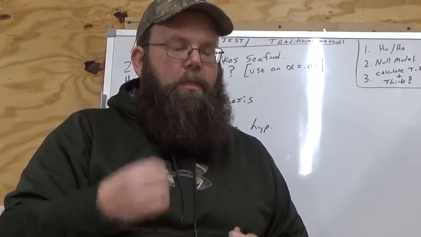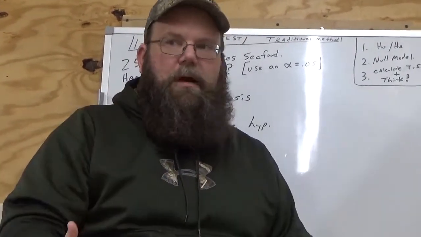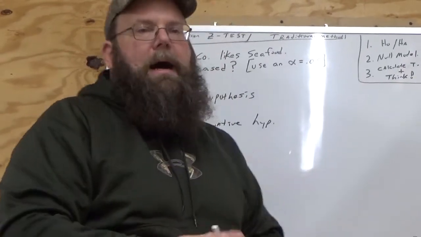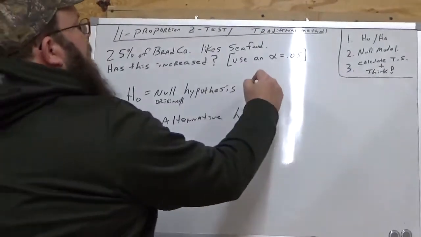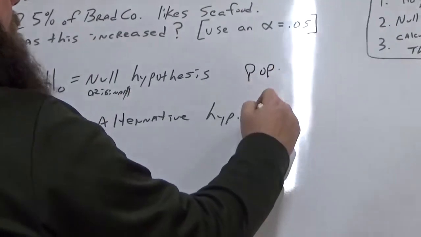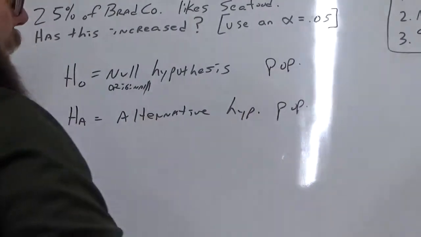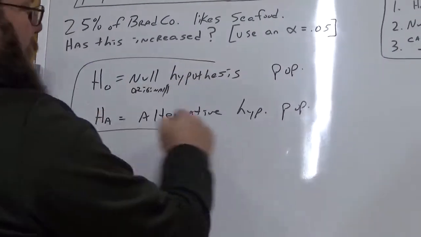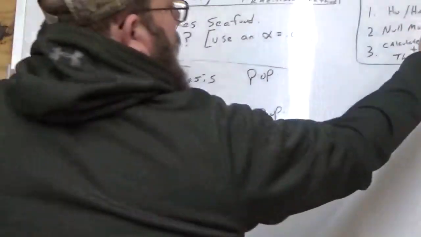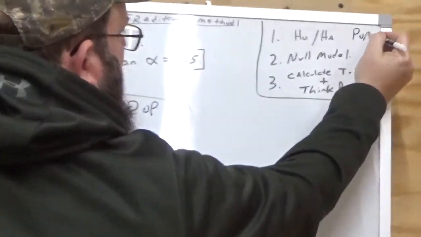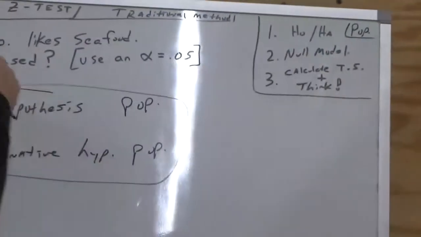So the Ho and the Ha are very important. The Ho, the null hypothesis, or the original hypothesis, is from the population. Both of these are from the population. Nothing here is about a sample. The Ho-Ha is always about the population. And that will be given to you in the problem.